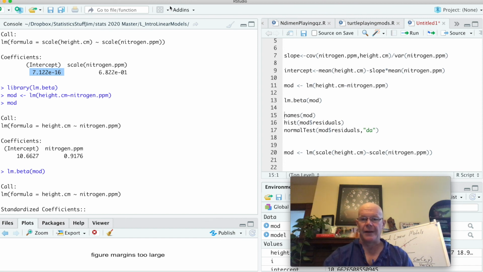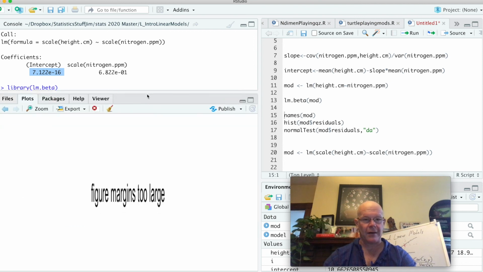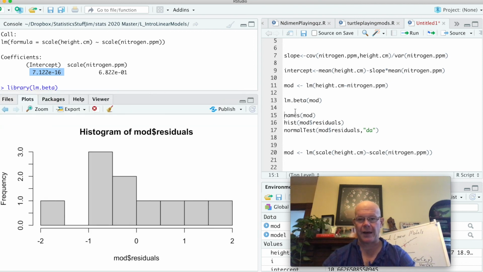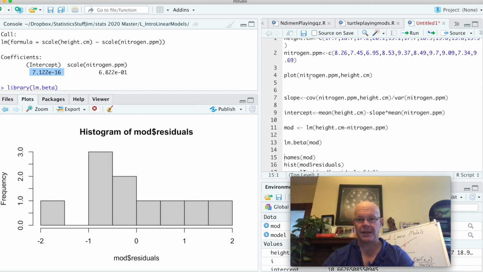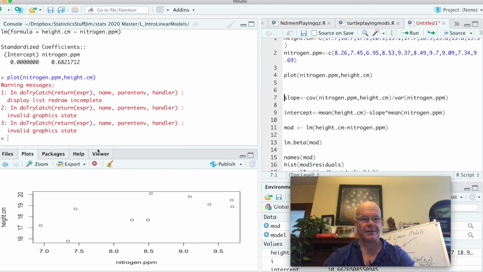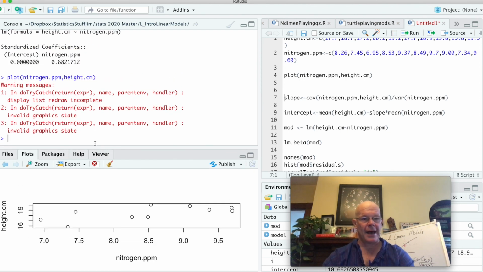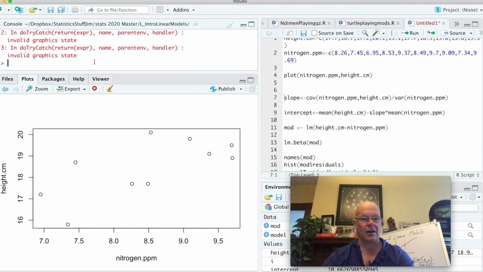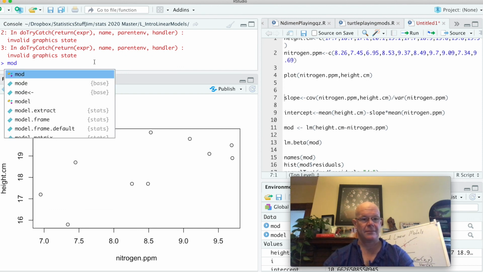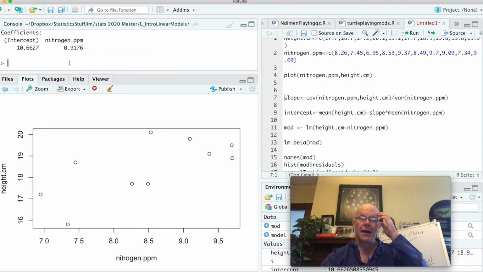Okay, let's go back and look at our data plot again. Here we have this object called mod, and we could draw the regression line through here by using that abline function. I know that we've been playing with abline.